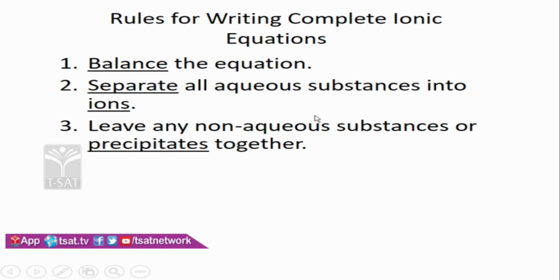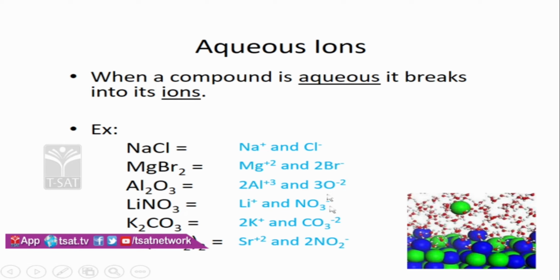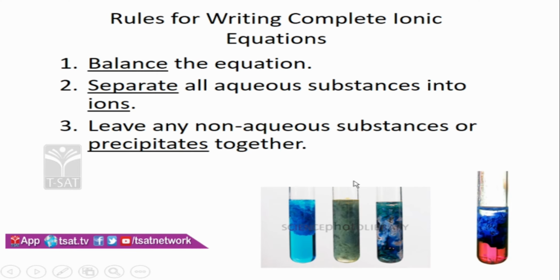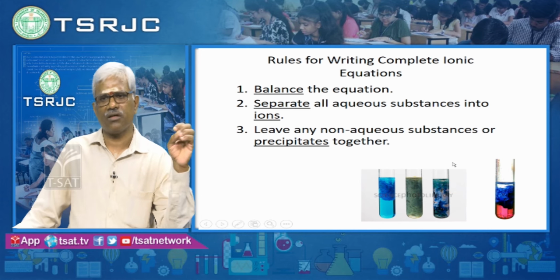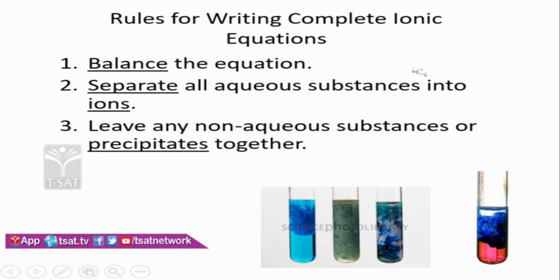In the previous slide we have seen these aqueous ions. Leave any non-aqueous substances as is. They are called precipitates. Whatever non-ionic part remains in the solution will be precipitated.